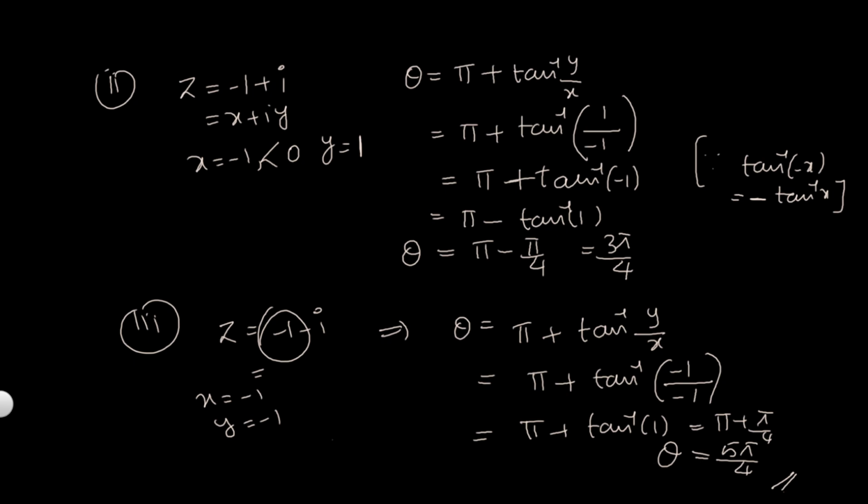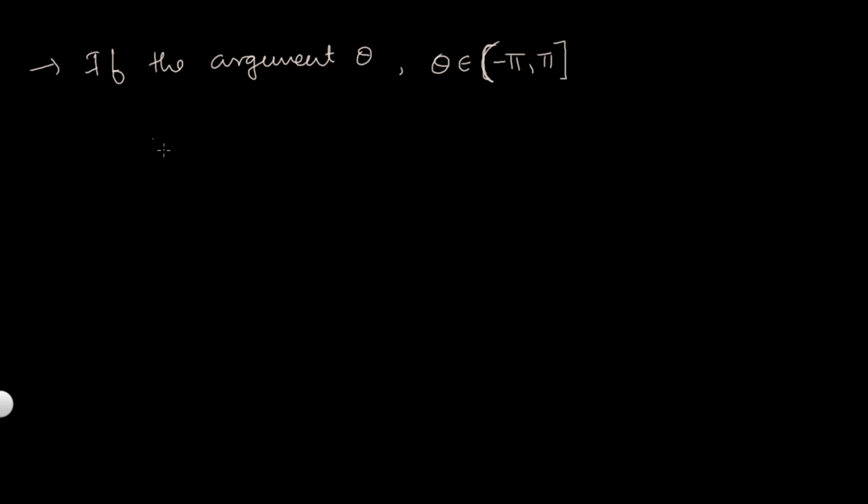Next, go to the next similar concept. If the argument theta, the range of theta is always in the form open minus pi to closed pi, then the argument is called the principal argument.